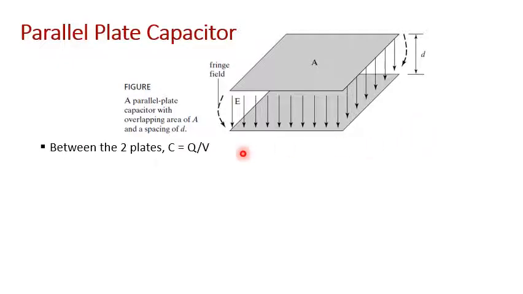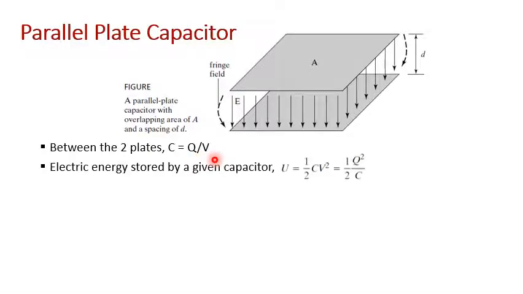Now, the value of capacitance between the plates is defined as C = Q/V, where Q is the amount of charge stored and V represents the electrostatic potential. The electric energy stored by the given capacitor is denoted as U, and U is defined as 1/2 CV^2 or 1/2 Q^2/C.